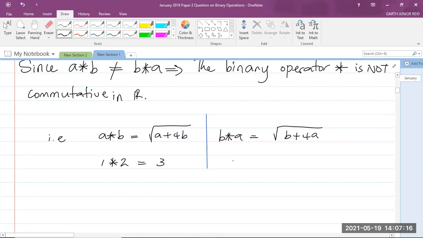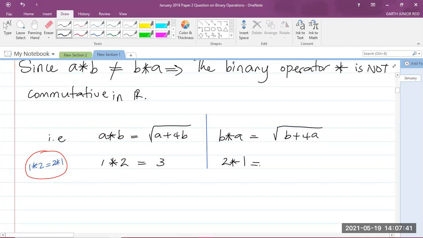So for commutativity to happen, 1 star 2 must be equal to 2 star 1. We know that 1 star 2 is 3. Let us now calculate 2 star 1.